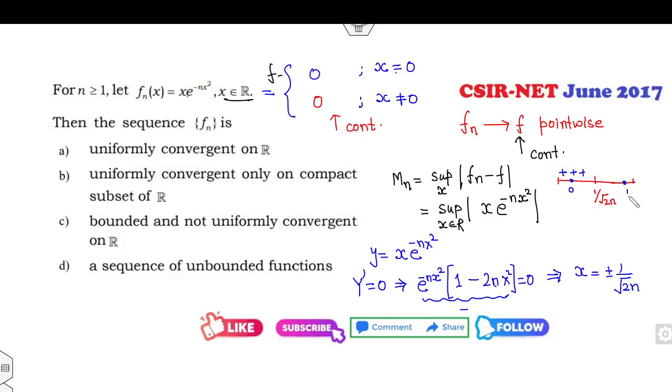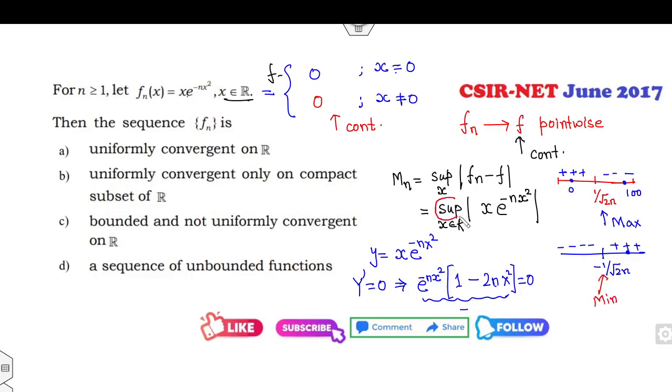If x is any larger number, say 100, this number will be negative. Once this is negative, that means this point is the maximum, and my target is to find the supremum. On the other hand, for the value at minus 1 by root 2n, 0 lies here, it is positive, and negative is this number. So clearly this point is the minimum.